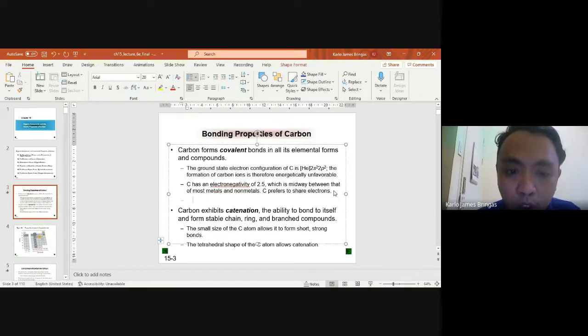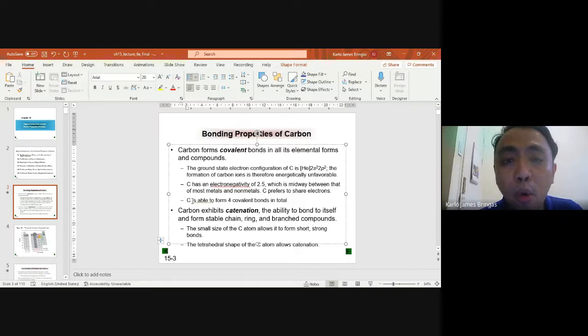So by sharing electrons, our carbon is able to form four bonds, four covalent bonds total. By forming these four covalent bonds rather, our carbon is able to achieve our complete octet.